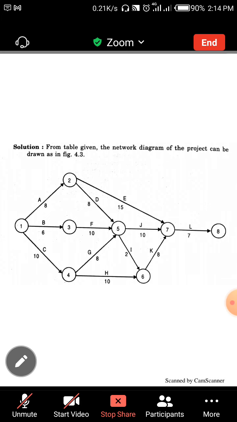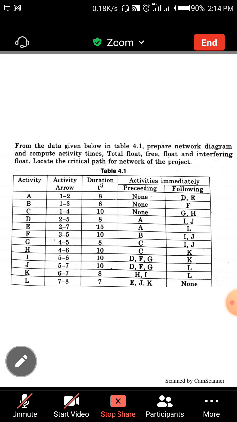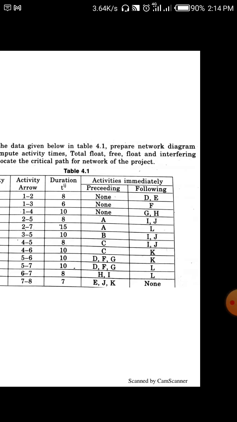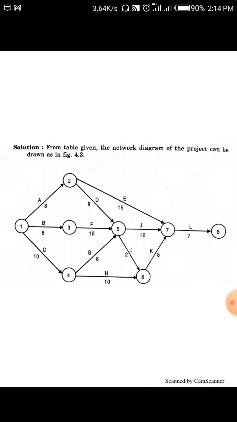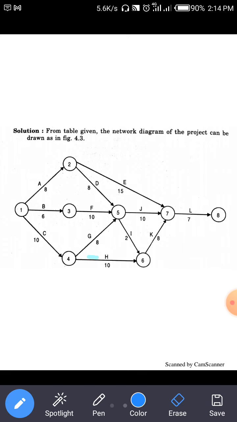Then from the table you know that from node 4 two arrows burst out: 4 to 5 and 4 to 6.